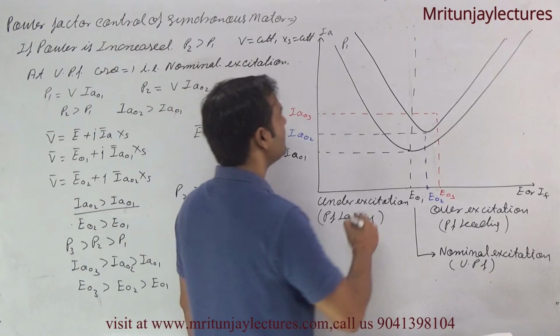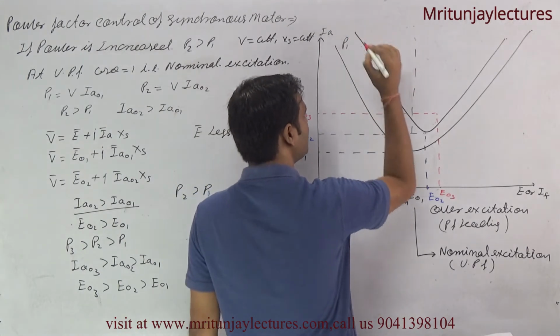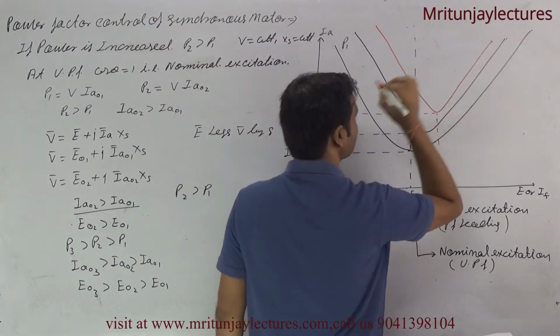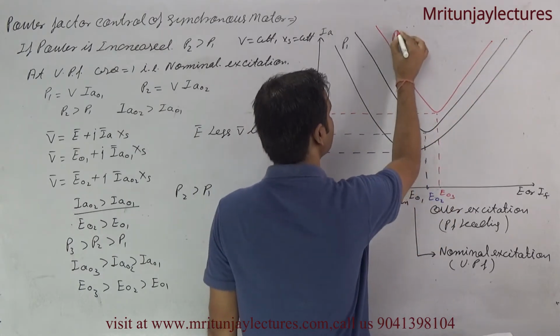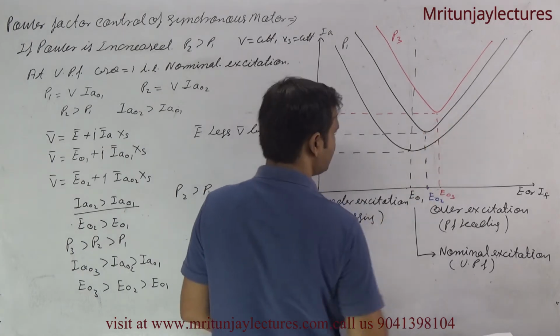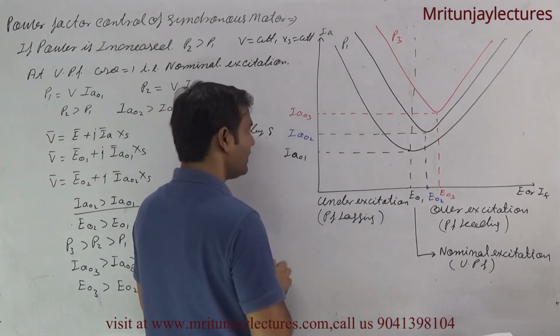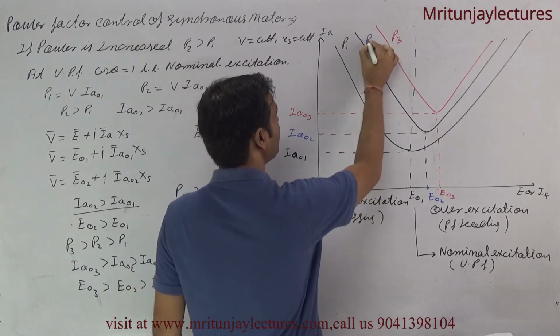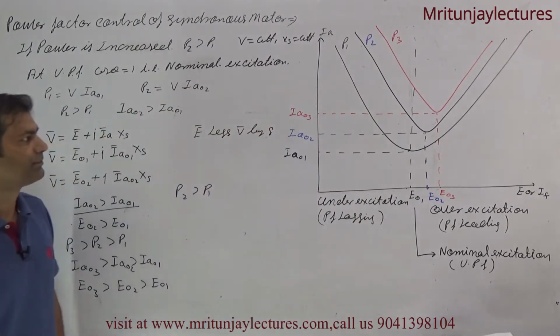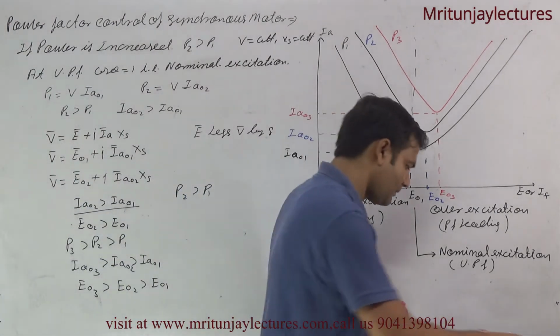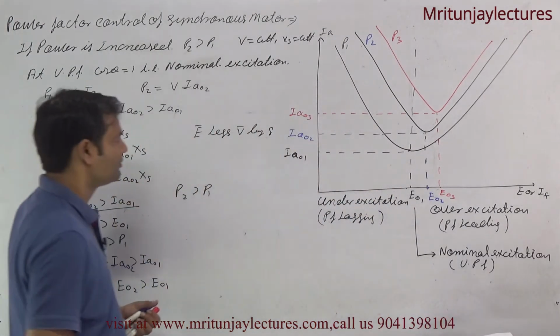Now if you plot this, the graph is represented like this. P3 is shifted corresponding to this one, and this one is P2. Clear? Now another way: what about power factor?